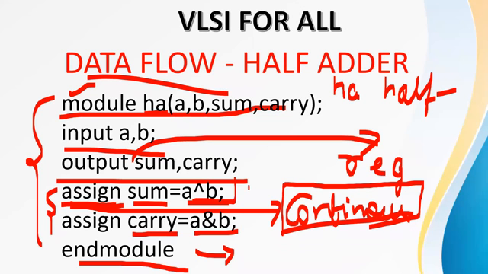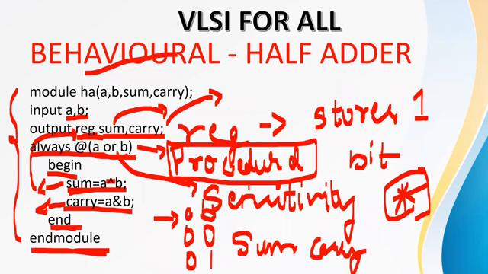We have conditional operators as well. That can be more efficient compared to procedural, because we use case statements. So based on our requirement, we deal with behavioral, data flow or structural. All are the same, but the way of coding is different.